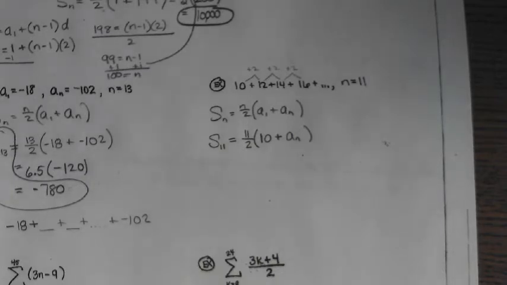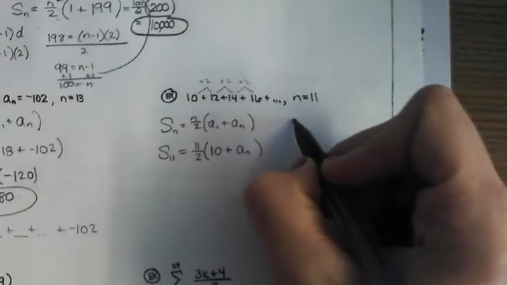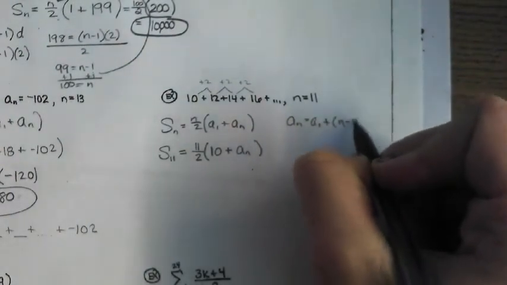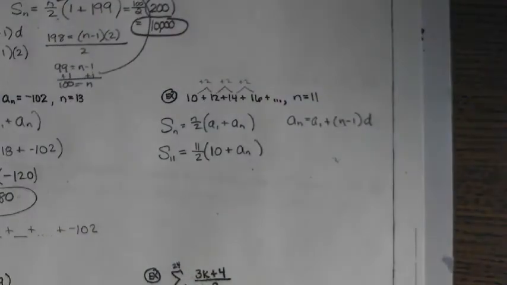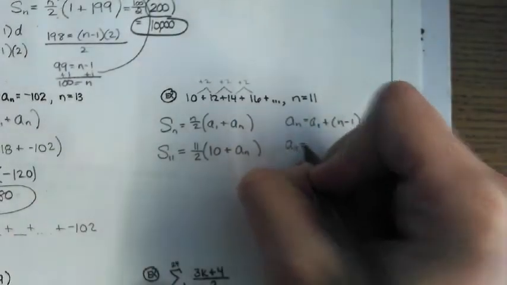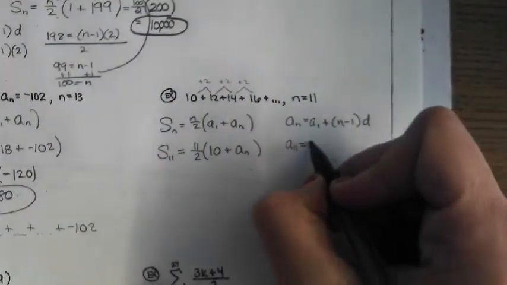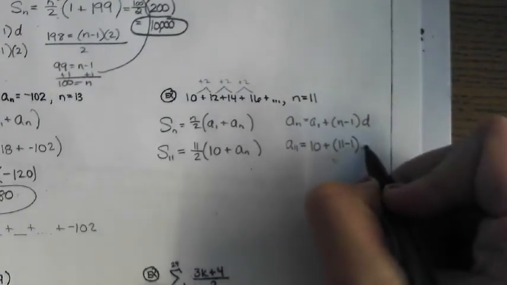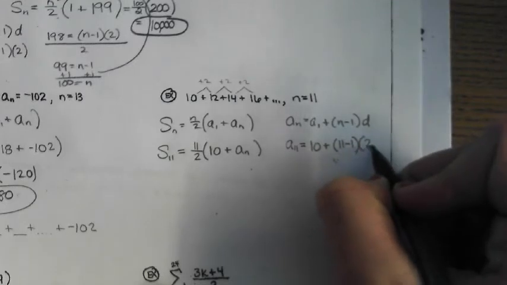Go back to your sequence formula, which is here. a sub n equals a sub 1 plus n minus 1 times d. And I need to find a sub 11. I need to find that 11th and last term. So a sub 11 equals, a sub 1 was 10, plus 11 minus 1, and what was my common difference? 2.